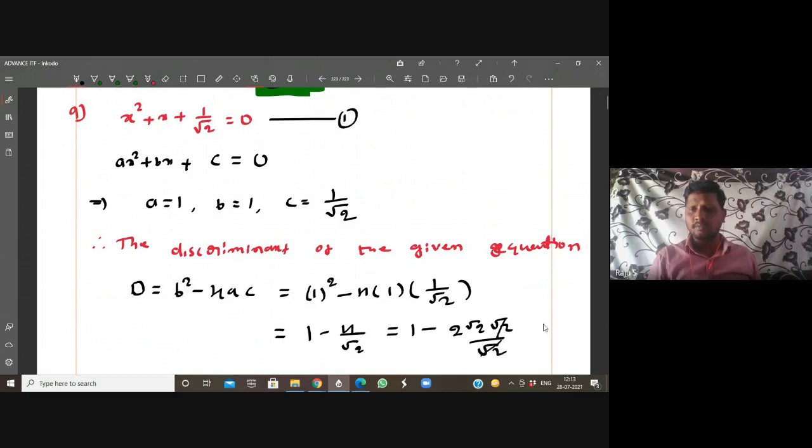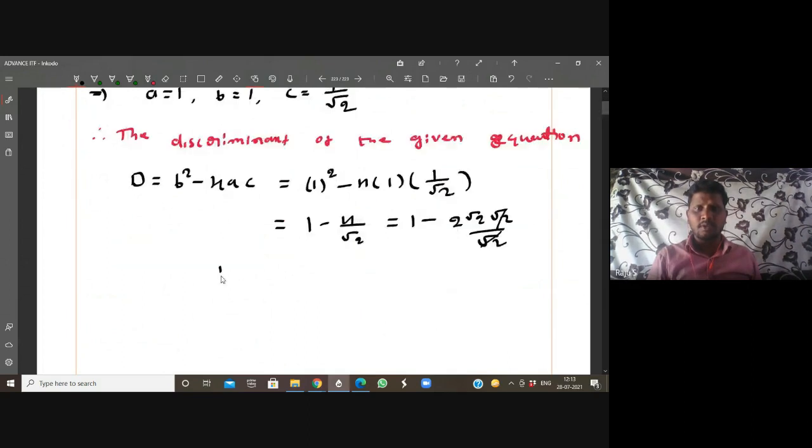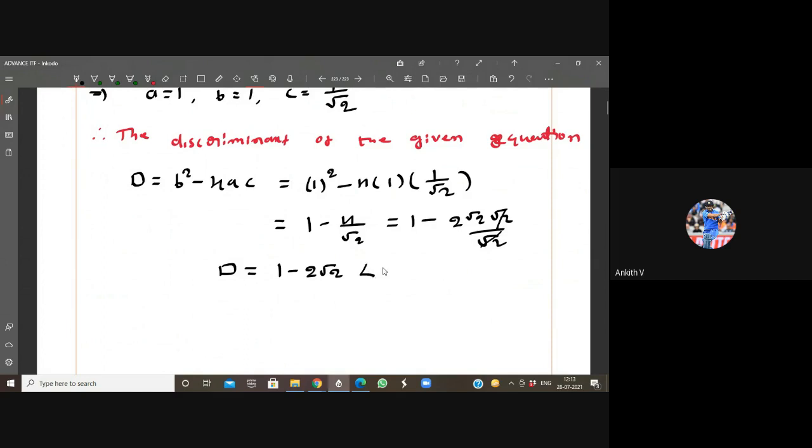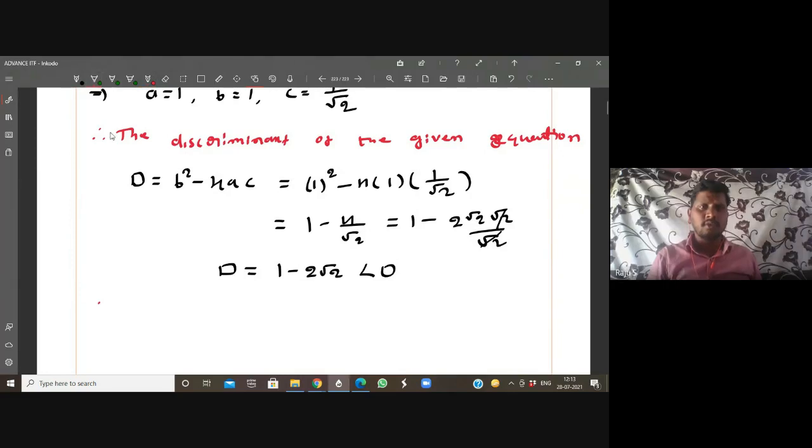Root 2 gets cancelled. So capital D is equal to 1 minus 2 root 2. Is it greater than 0 or lesser than 0? Yes? Less than 0, sir, because root 2 values 2 into 1.4 is greater. Yes, it is clearly lesser than 0.